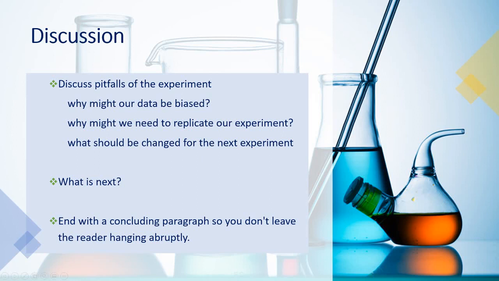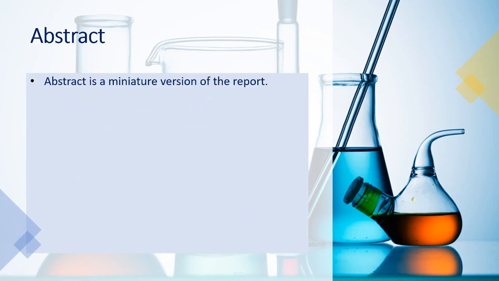The last thing that goes on the report is not the conclusion, but rather the abstract. The abstract is a small version of the report, and it usually stands alone and summarizes the ideas and information that were gathered in the report.